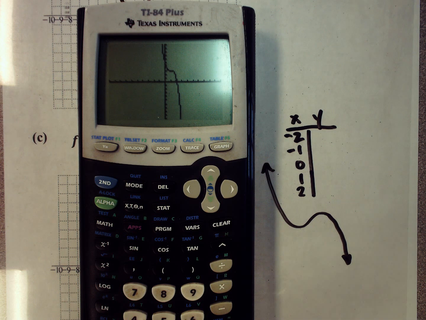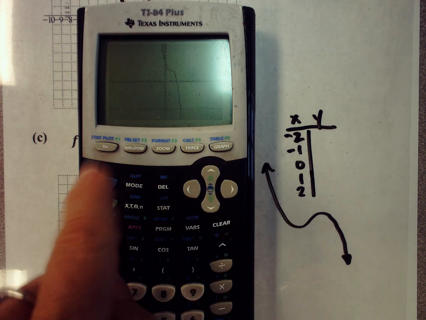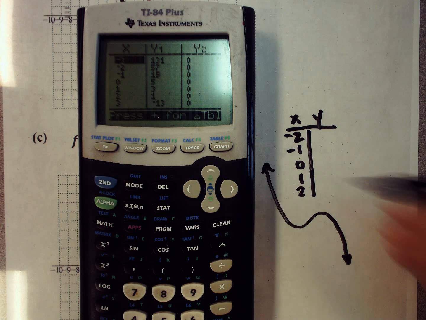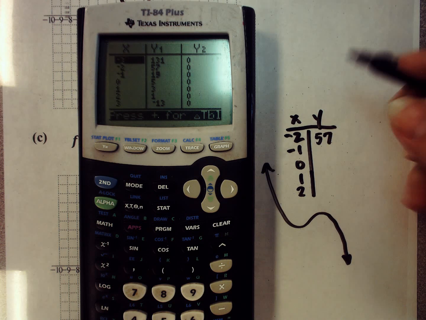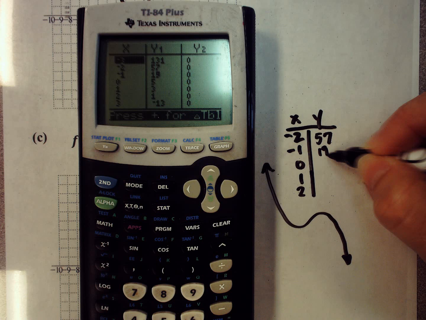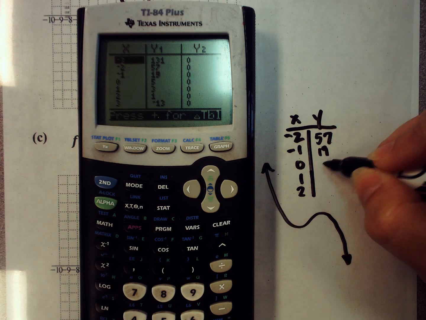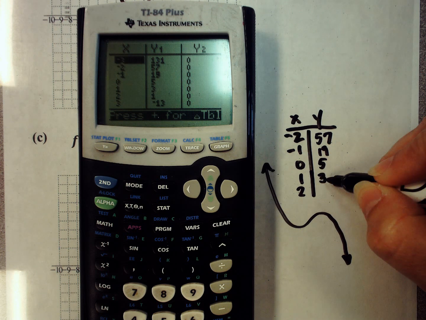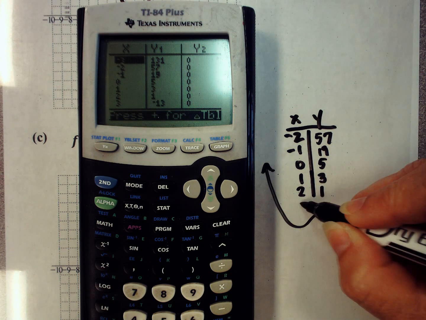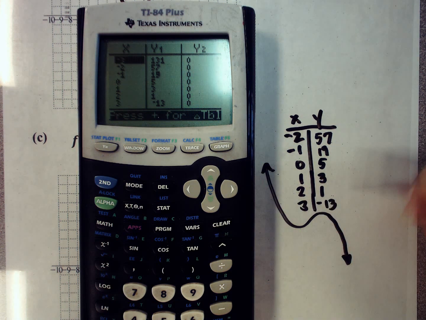So go to your table, so second graph, go to -2 is 57, which is going to be way off. -1 is at 19, 0 is at 5, 1 is 3, 2 is 1, and then 3 is -13, which will be off the graph.